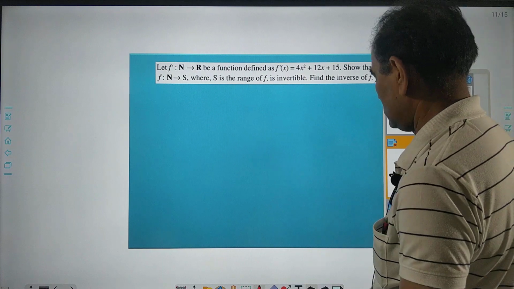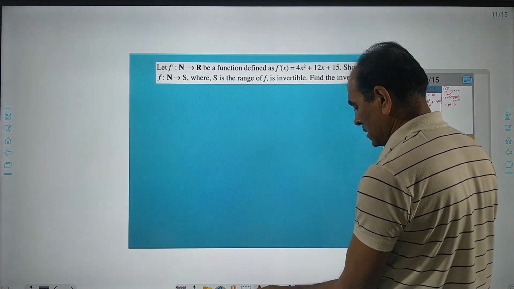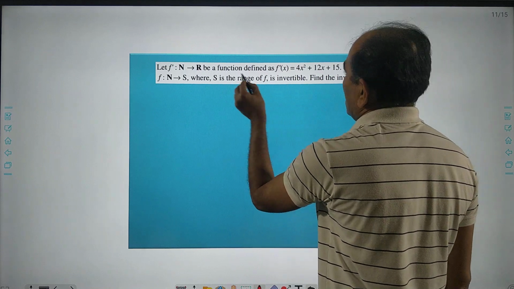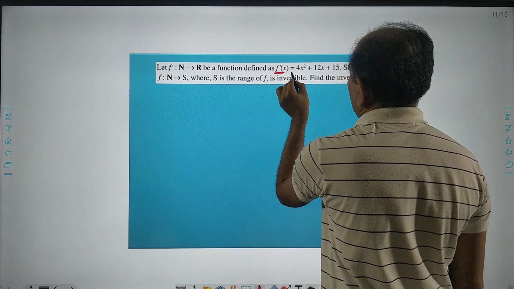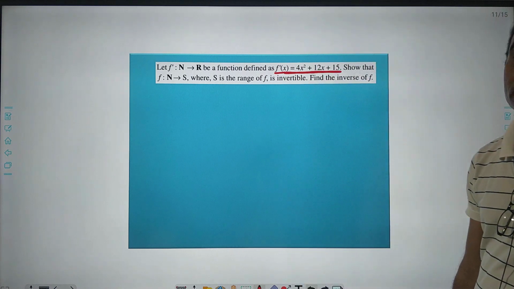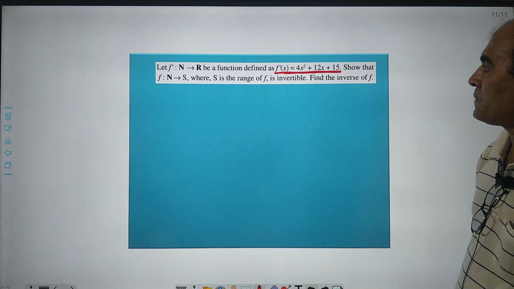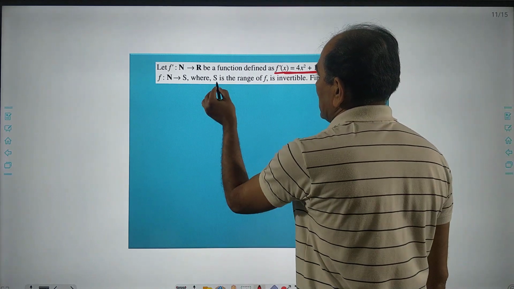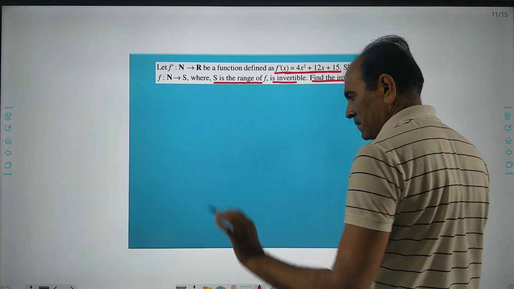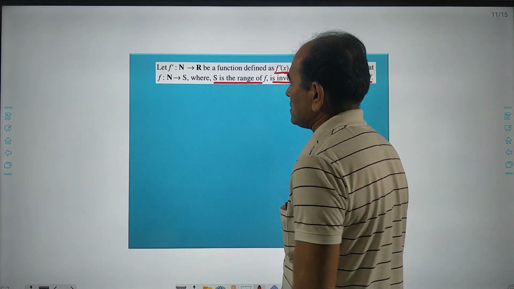See here, very important thing. Here function f is defined by f(x) is equal to 4x² + 12x + 15. Clear? So that f from N to S, where S is the range of f, is invertible, and find the inverse of f. On the same line we have to see here.